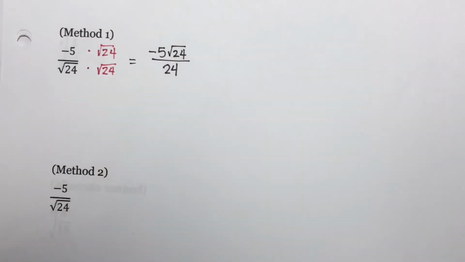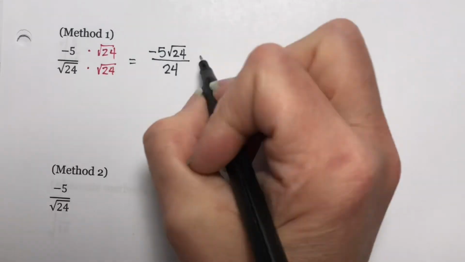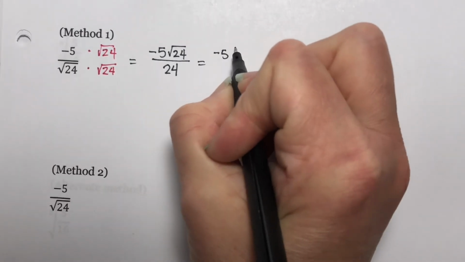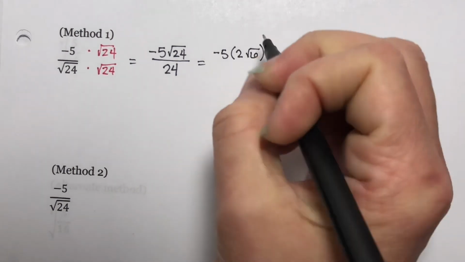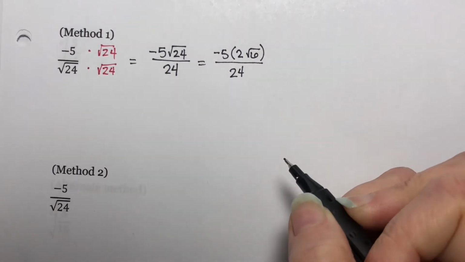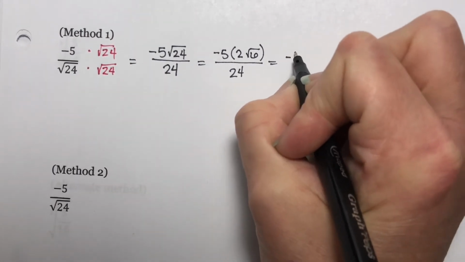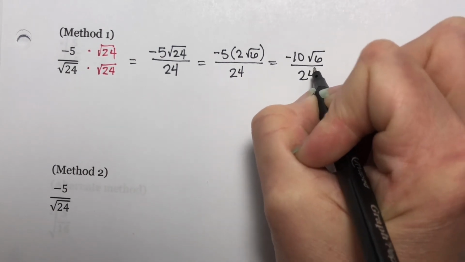So that's 2 square root of 6. So this is equivalent to negative 5 times 2 square root of 6 over 24. Okay, so this is negative 10 times the square root of 6 over 24.